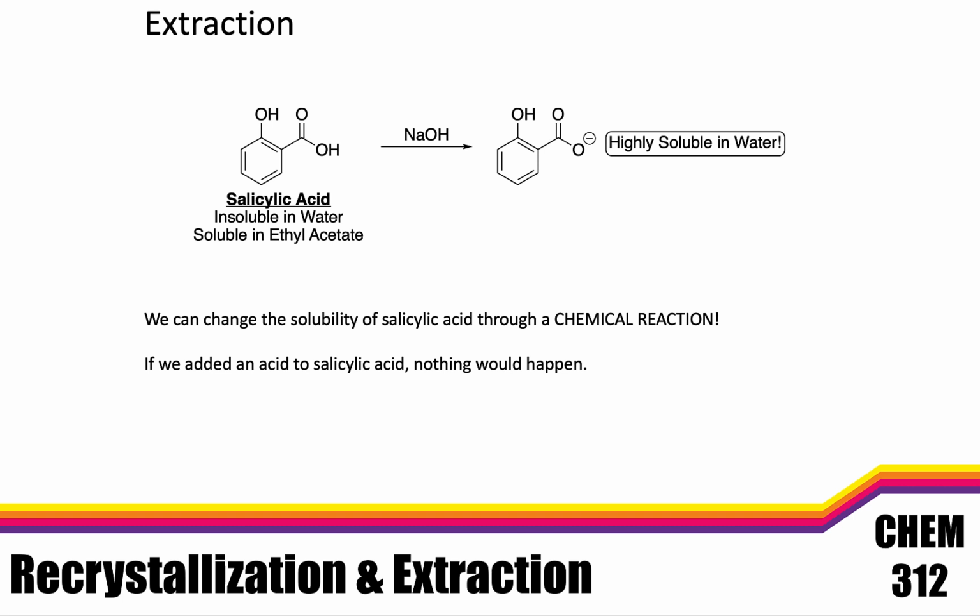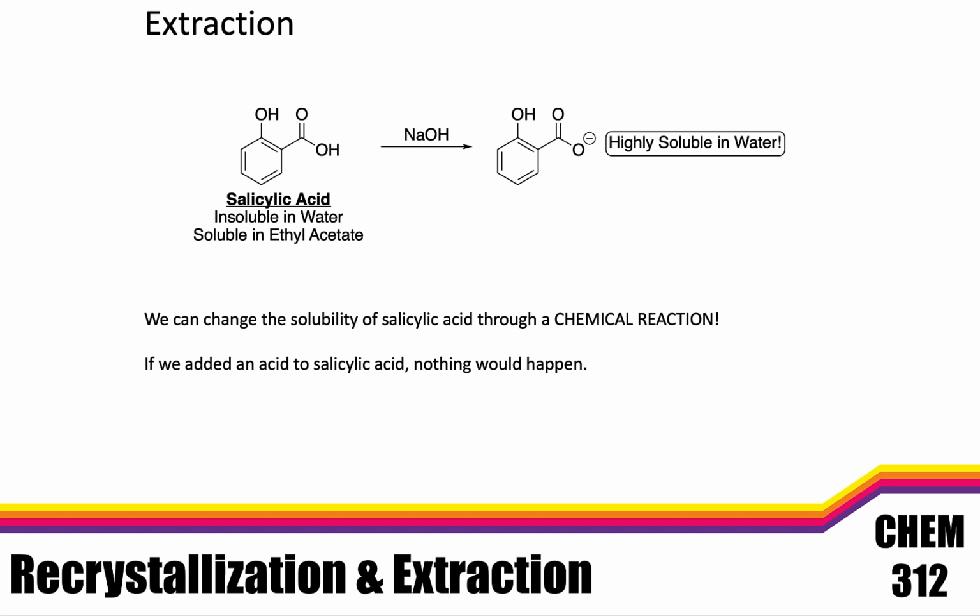The other thing that we could do is actually change it through a chemical reaction. So if we reacted salicylic acid with a base, we could undergo an acid-base reaction, and our conjugate base of salicylic acid now has this negative charge and it's highly soluble in water. The general trend that we can see is that most organic molecules are not very water soluble.